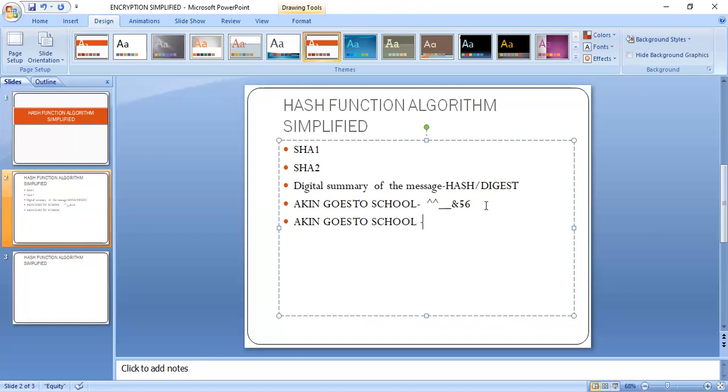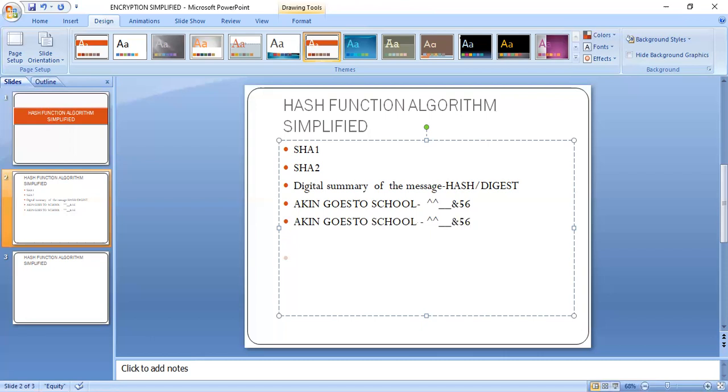Let's assume that, since the message has not been altered, you will get exactly what I sent to you when you perform the hash function operation. So you will know automatically that the message I sent to you has not been altered.